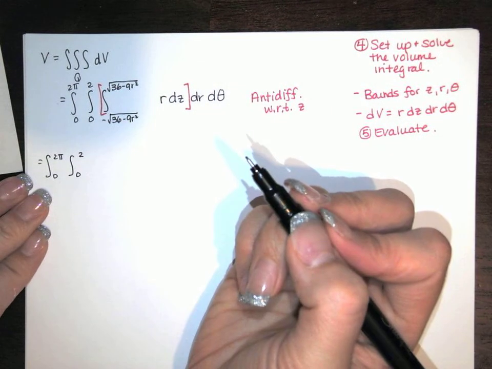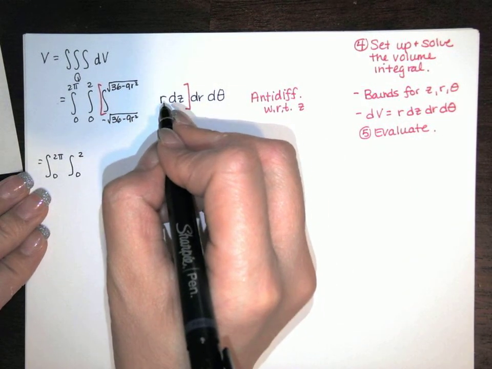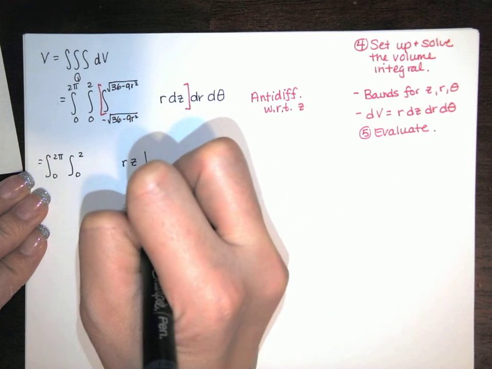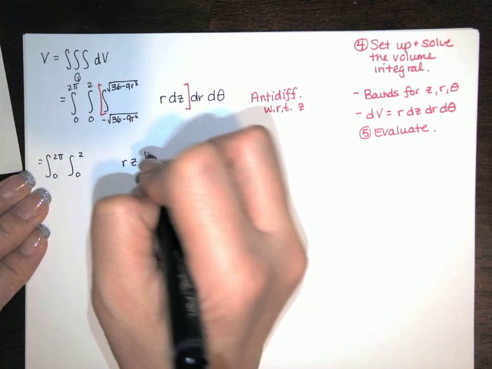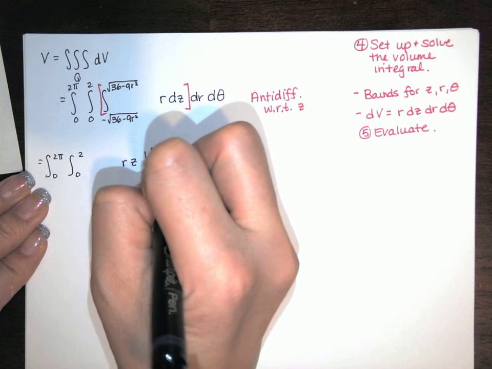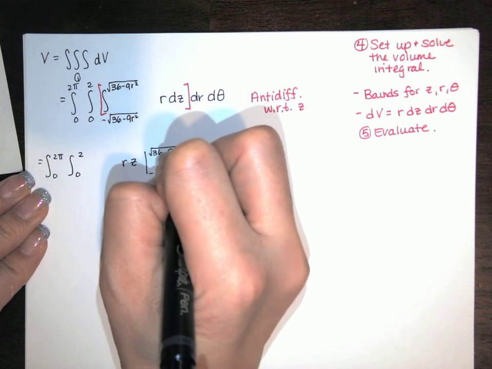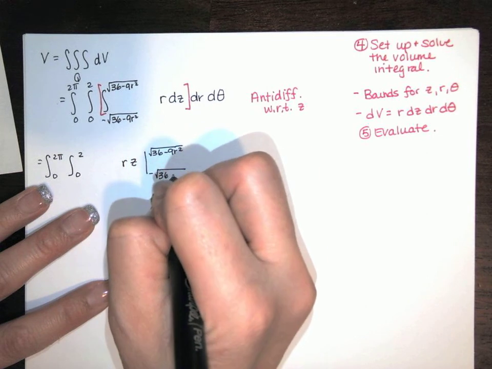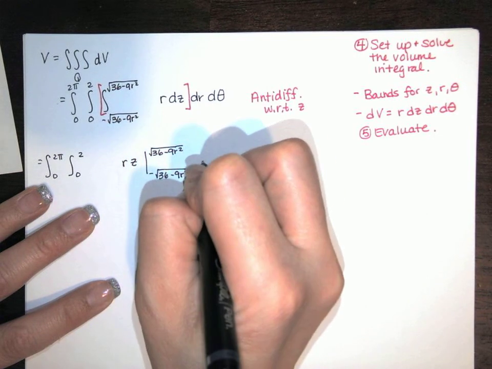The antiderivative of r with respect to z, r is being treated as a constant. So we get a constant times z. And then we substitute our upper bound for z, which is the square root of 36 minus 9r squared, and our lower bound for z, which is this negative square root of 36 minus 9r squared.